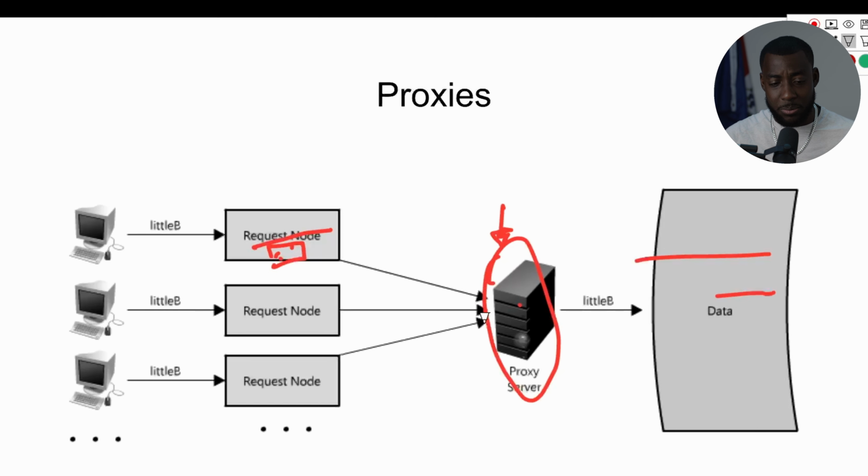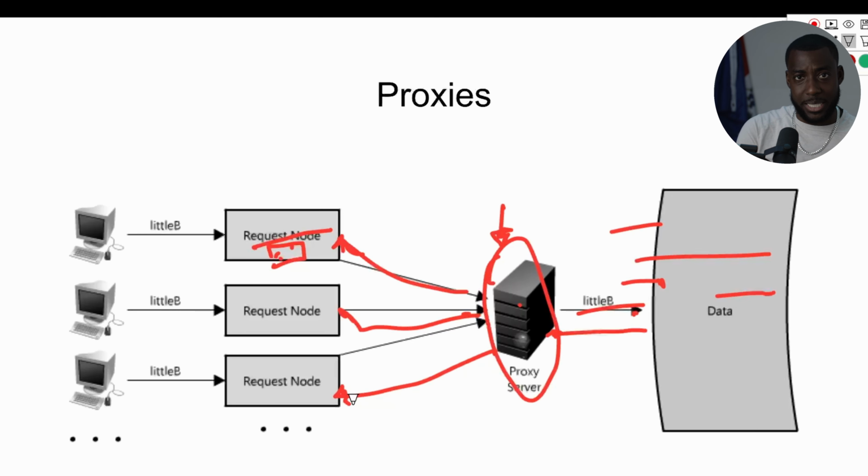Instead of having three requests going to the database, that were going to be three different searches, the proxy would collapse them, send only one request to get the data, and then when the proxy gets that value, it will reply back to all of the other nodes that are requesting the data. That's one way a proxy can be helpful.